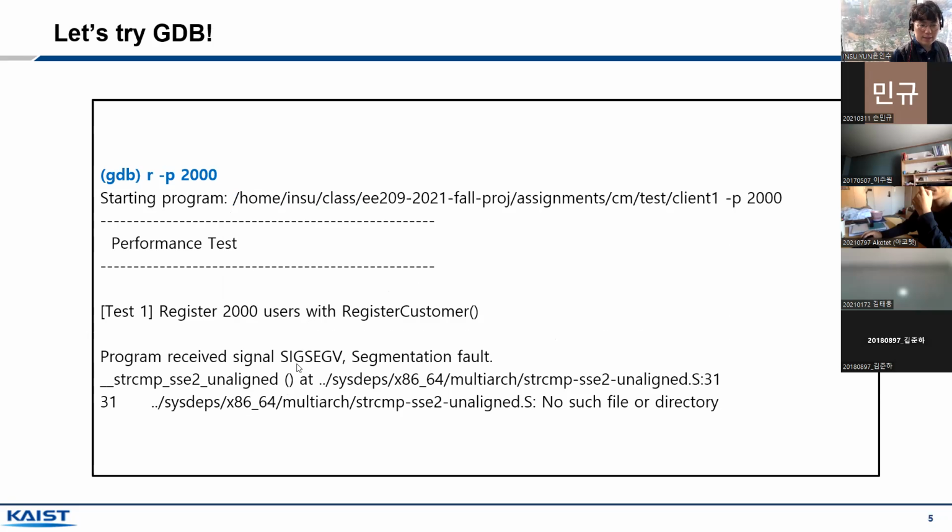Here, it says it crashed at the string compare, and it caused some error when it does the string compare. You can see this strcmp SSE2 unaligned is an optimized version of string compare.